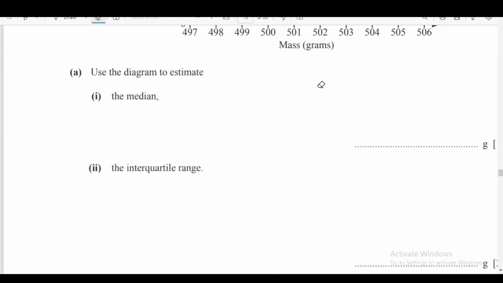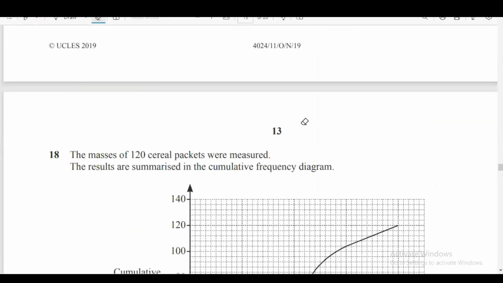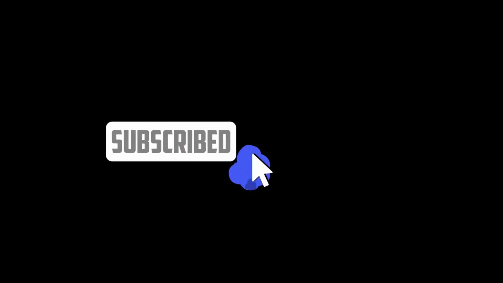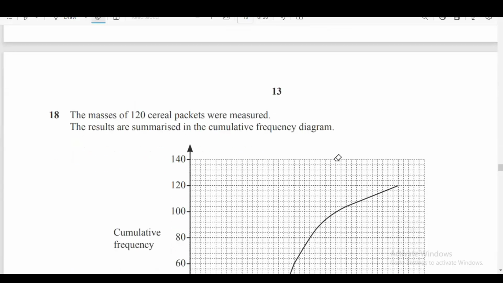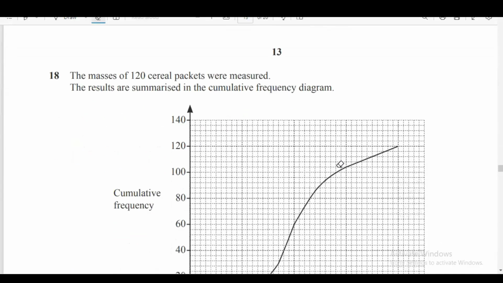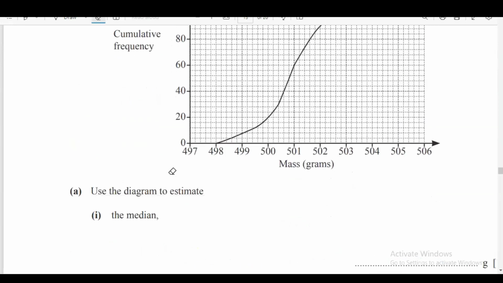Now I'm going to start how to attempt this question. The cumulative frequency curve is given here, and we have to find the median.